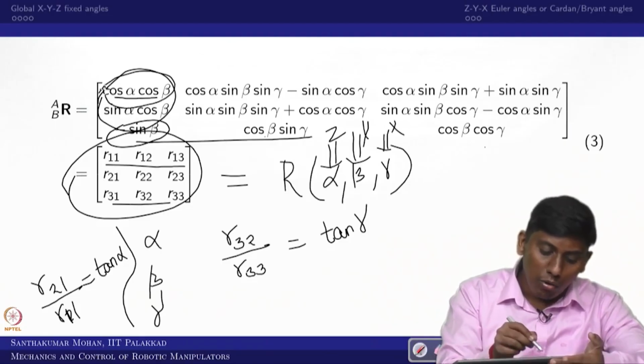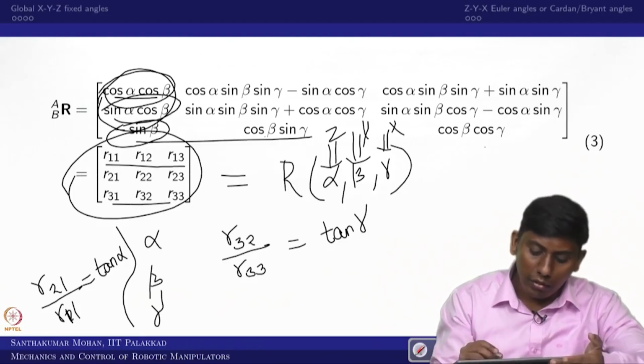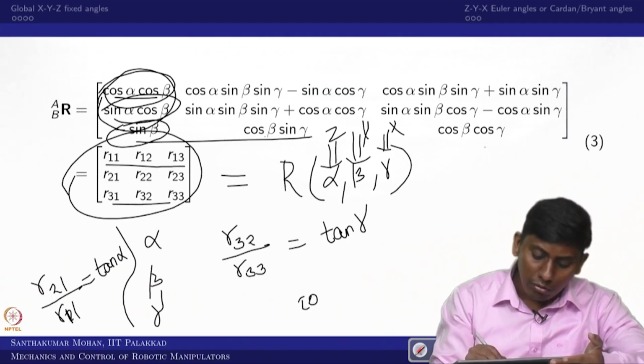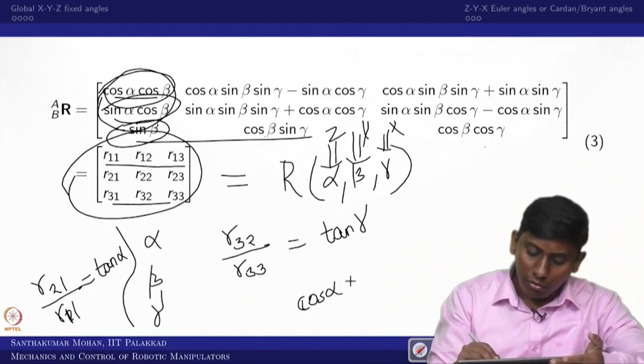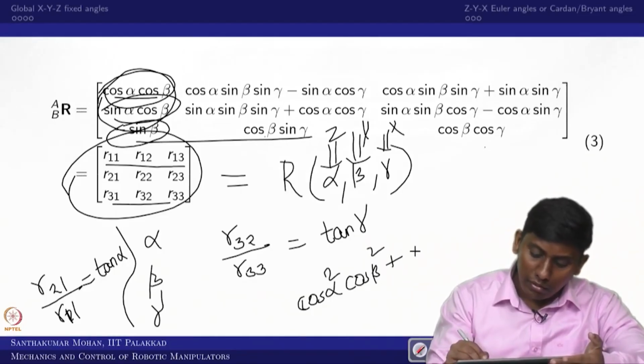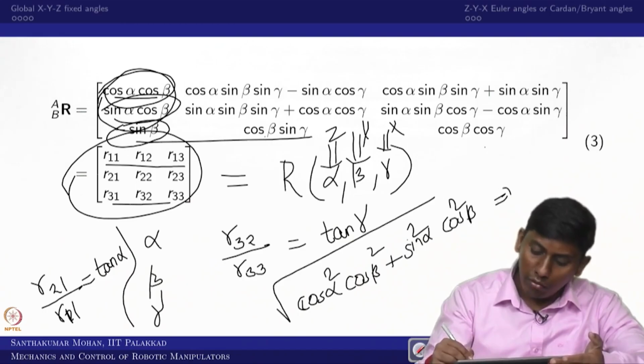For R11 and R21, if I square them, I get cos alpha squared times cos beta squared plus sin alpha squared times cos beta squared. If I take the square root, that gives cos beta.